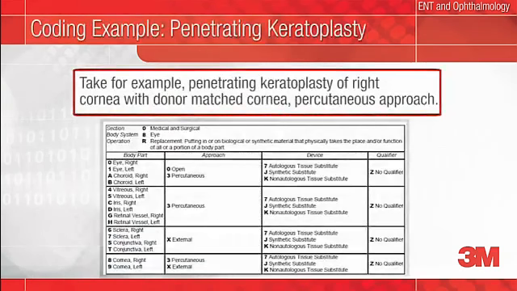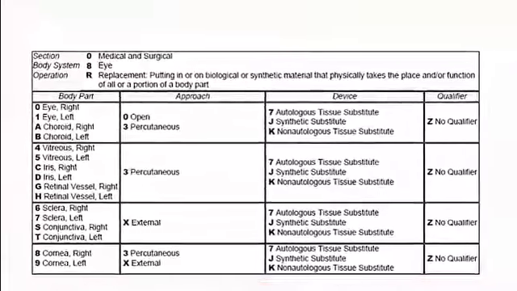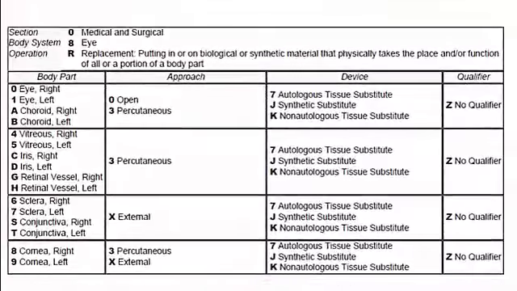Take, for example, penetrating keratoplasty of right cornea with donor-matched cornea percutaneous approach. Here you see the table the coder will use to construct the code for this procedure. The first 3 digits of the code come from here, indicating a replacement procedure on the eye. The next digit of the code captures the specific body part, in this case, right cornea.